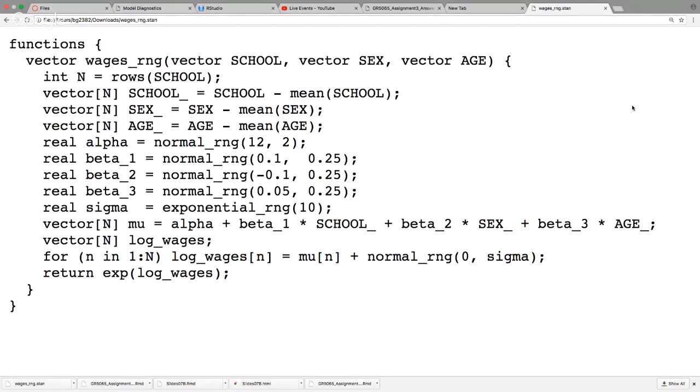Why does that change the interpretation of the intercept? Because it is a linear predictor. And so if I did this on school instead of school underscore, I can write school as school underscore plus average school.